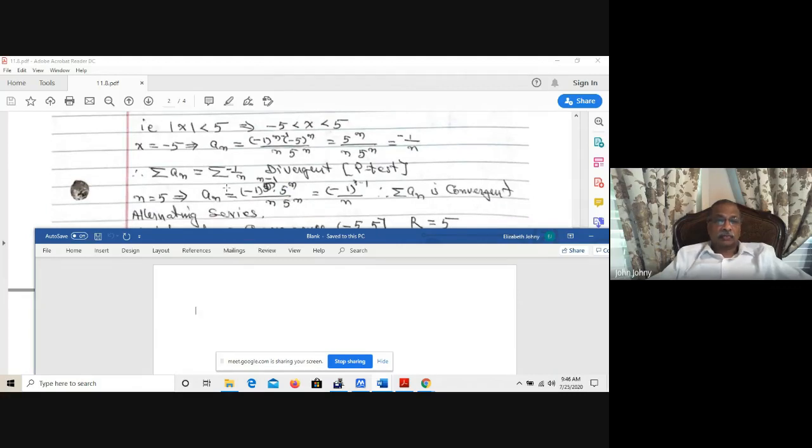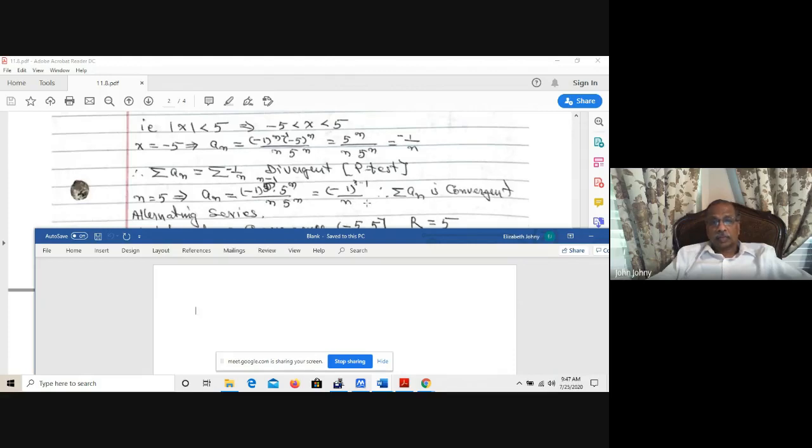Now x is equal to 5. x equal to 5 means a_n is equal to negative 1 to the power of n minus 1, 5 to the n divided by n times 5 to the power of n. 5 to the power of n cancels, so it is negative 1 to the n minus 1 over n. It is convergent because of the alternating series test, because this is actually 1 minus 1 over 2 plus 1 over 3, etc. When n is equal to 1, it is negative 1 to the 0 over 1.